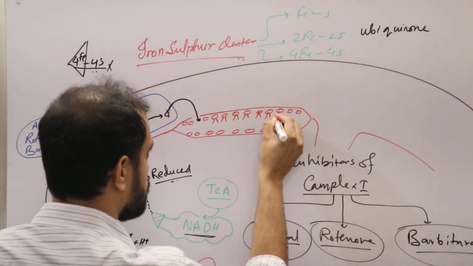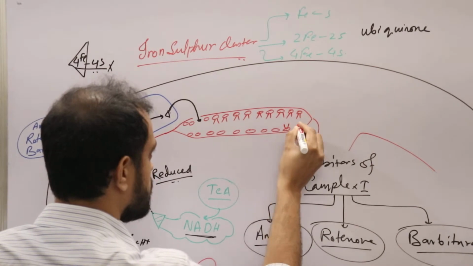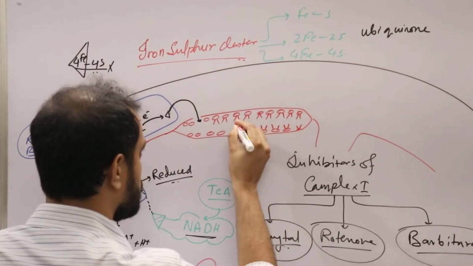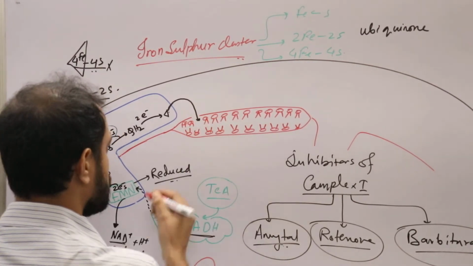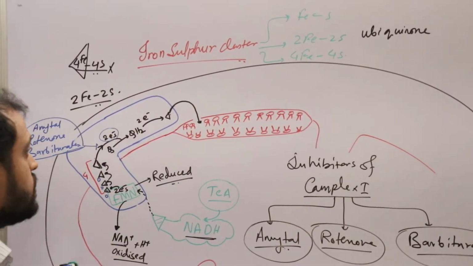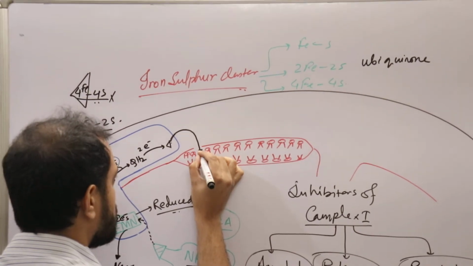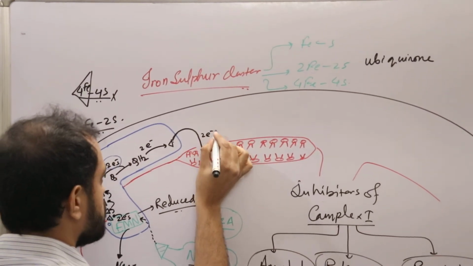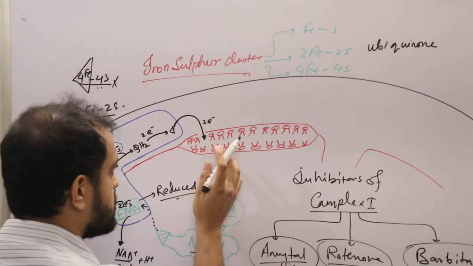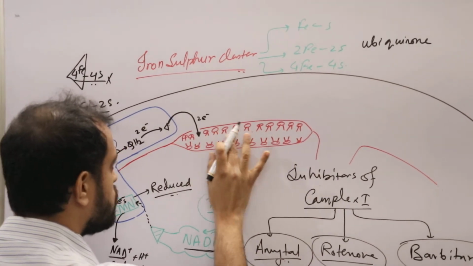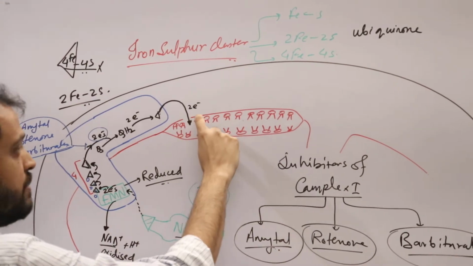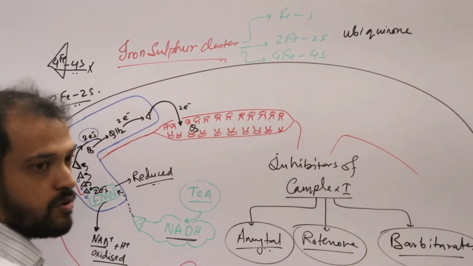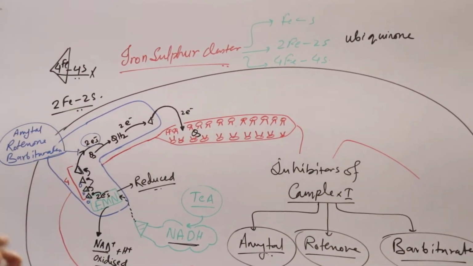Robertson unit membrane concept. So all the membrane should be identical with respect to phospholipids and all, right? Obviously the protein component should be different. Now these 2 electrons are transferred to a ubiquinone which is sitting between the lipid bilayers of the inner mitochondrial membrane. Now you should understand this very carefully.